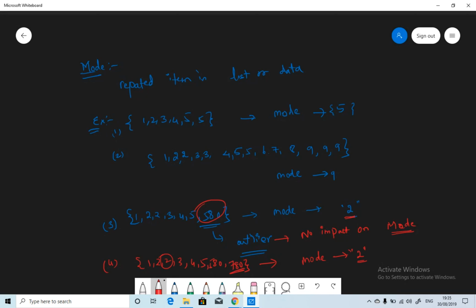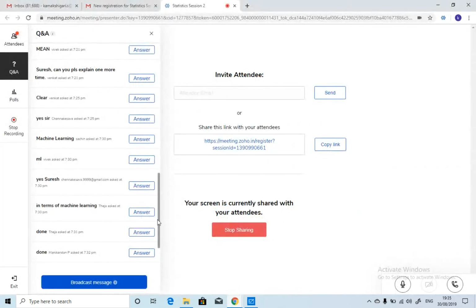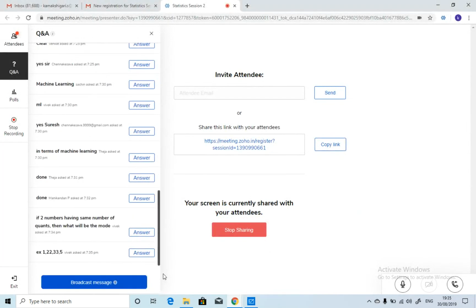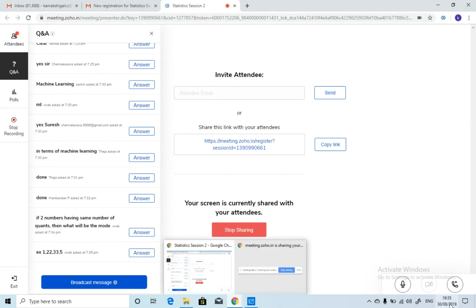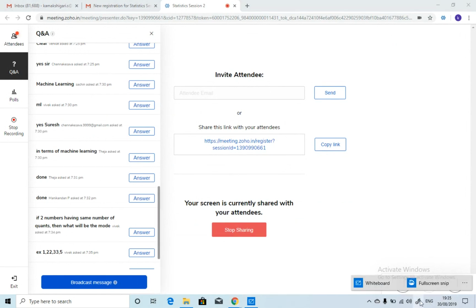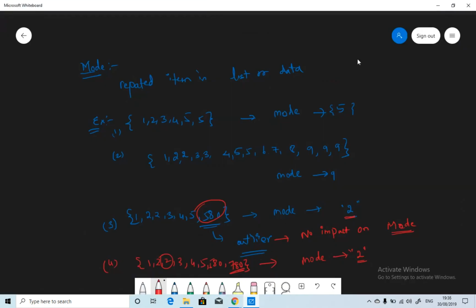Now, clear or any doubt here? This is a good question, Vivek. I wanted to tell you, if there are repeated numbers, as Vivek said, 1, 2, 2, 3, 3, 5, my system will give us the mode as 2, comma 3, two values.